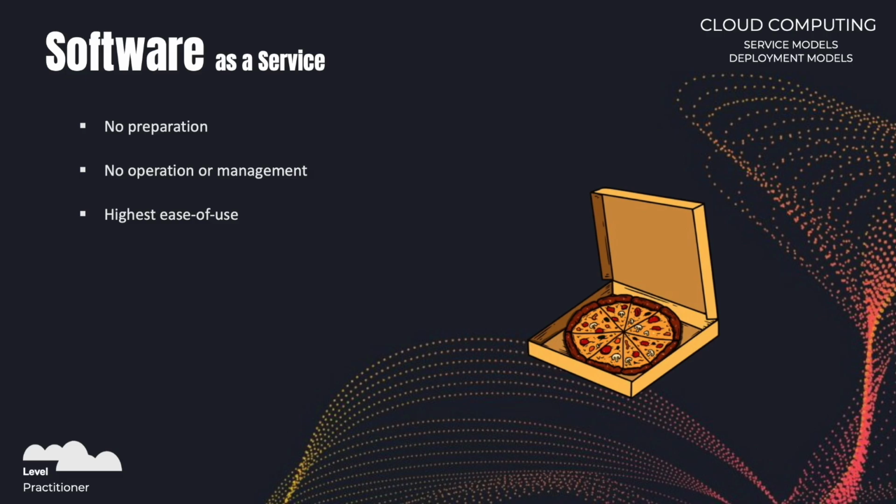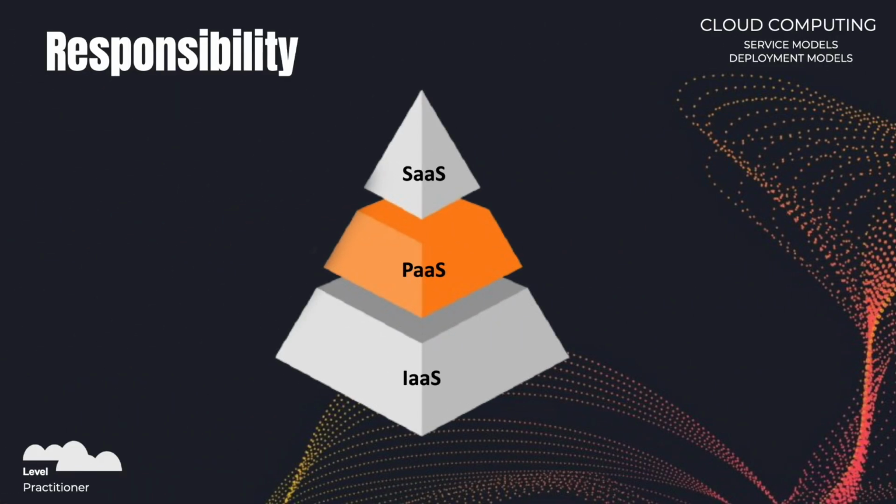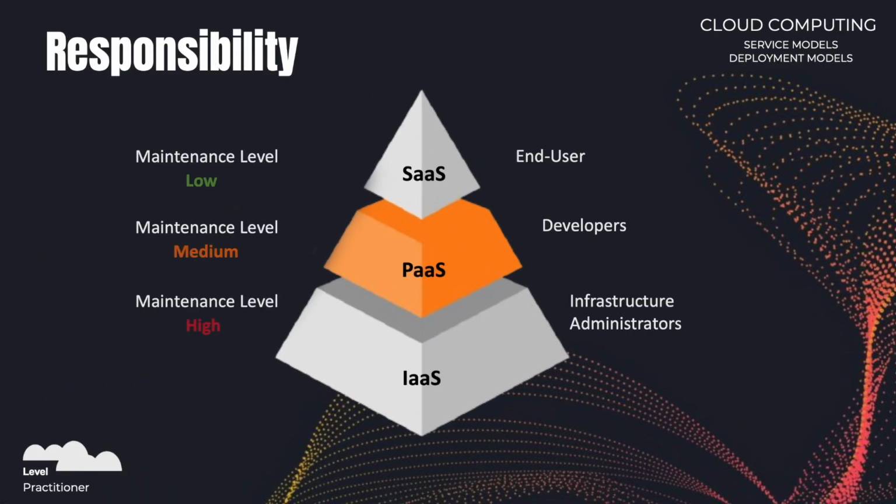You simply use the software, like sending an email with Gmail or managing documents in Google Drive. You realize that as you transition towards SaaS, you gradually offload more underlying duties to the provider, letting you focus solely on delivering your application and enhancing your user experience.